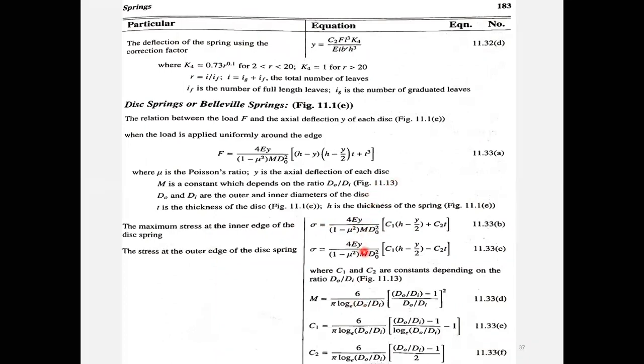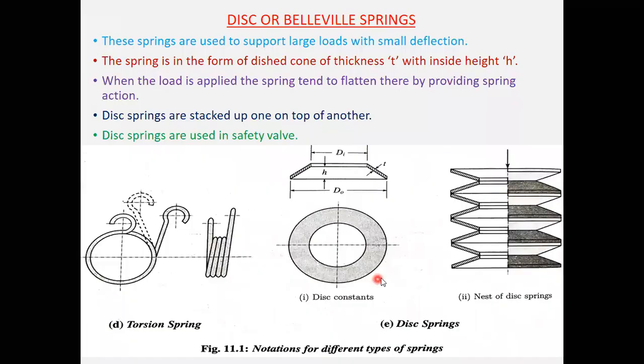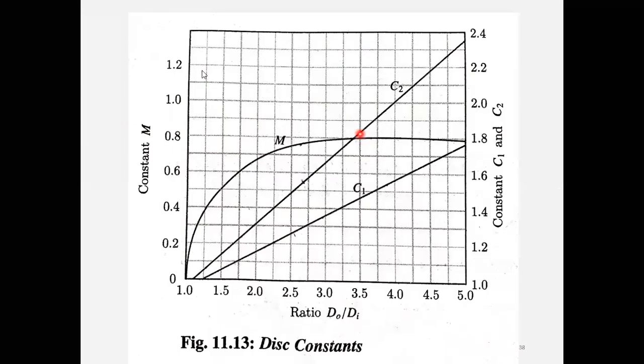Similarly, here C1 and C2 are there. These C1 and C2 values are constants which you can get from equations 11.33e and 11.33f. Either you can use this formula or you can use this figure. Whatever the m constant or the constants C1 and C2 are, you are going to get them from figure 11.13.